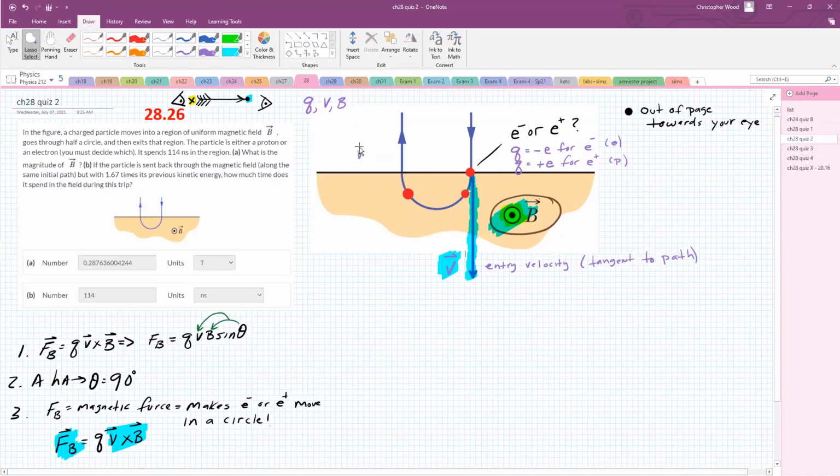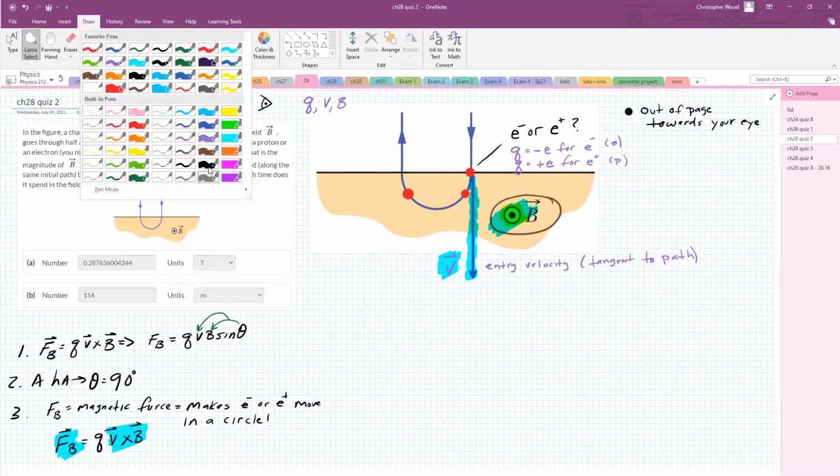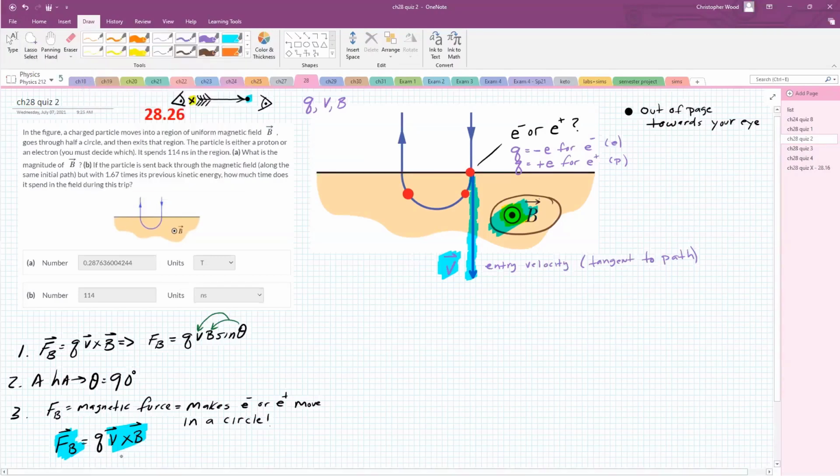Okay. So at this point of entry, this is what the cross product is telling you. It's saying, hey, F sub B is perpendicular to the plane formed by the V and B vectors.